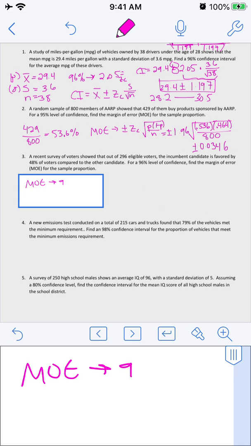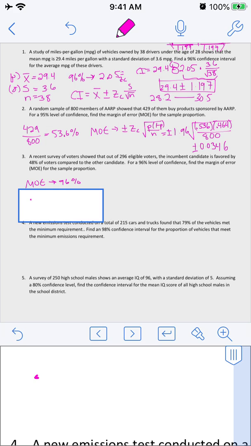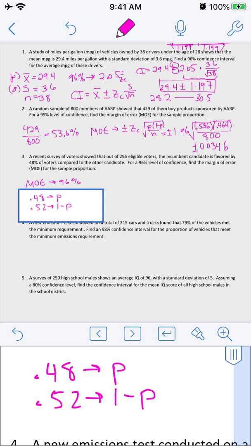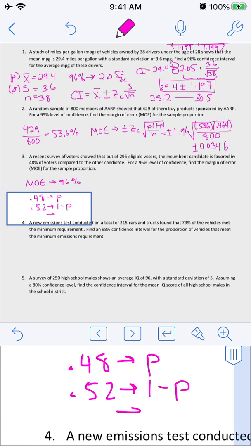With a 96% confidence. All right, we're going to need some pieces. So 0.48, that's going to be our P, right? That's our percent. So what's 1 minus P? Yep, 0.52. It's going to be our 1 minus P, right? 52%. Okay, we got those two pieces. Sample size, we're going to need our n.